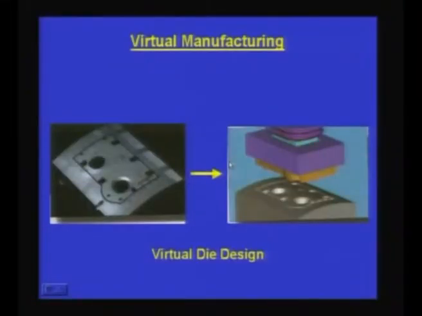You can also apply virtual manufacturing in a typical sheet metal forming scenario, like we were discussing about spring back prediction. A spring back prediction can be combined with a manufacturing simulation software, where I am carrying out a sheet metal forming simulation.